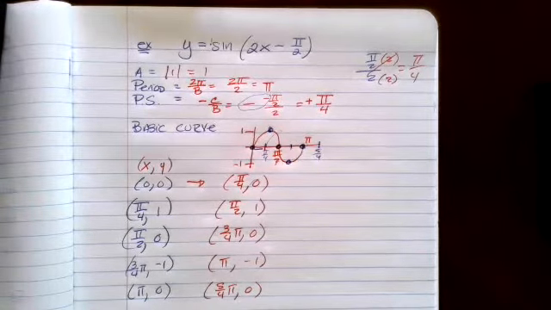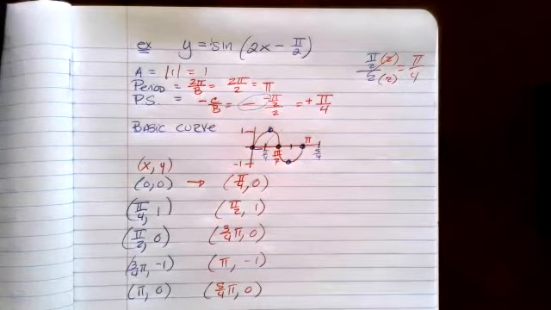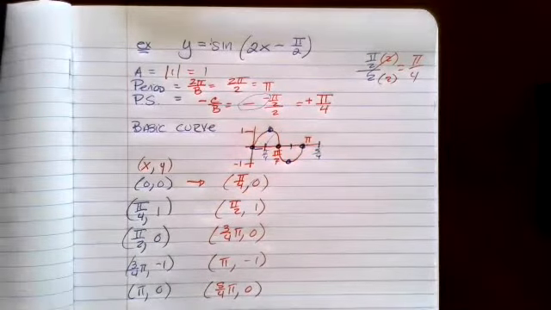We're going to go out to 5/4 pi. And we're going to plot these points, 1/4, 0, 1/2 and 1, 3/4 and 0, and pi and -1, and 5/4 and 0.